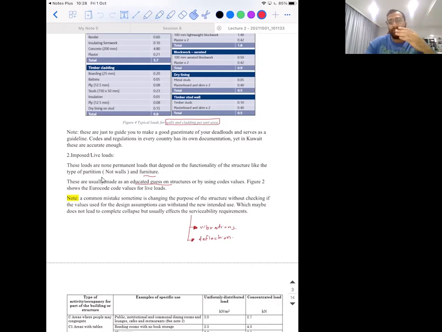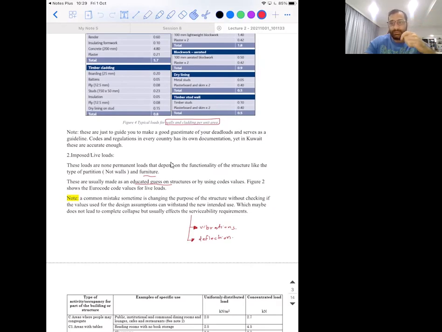You won't make a fatal mistake if you mistake dead load for live load with some certain stuff, but make sure that you are consistent and you try to get it accurately, because the factors of safety for dead load and live load in all codes differ.